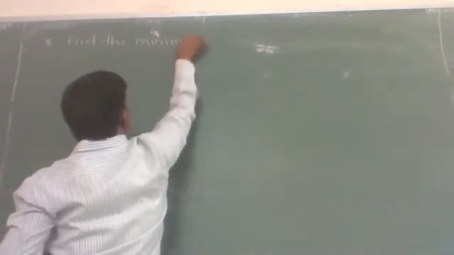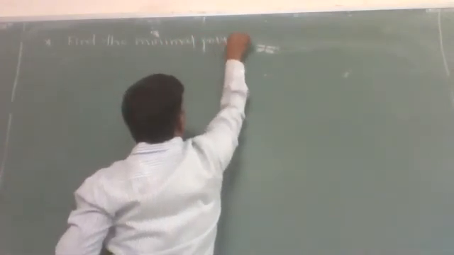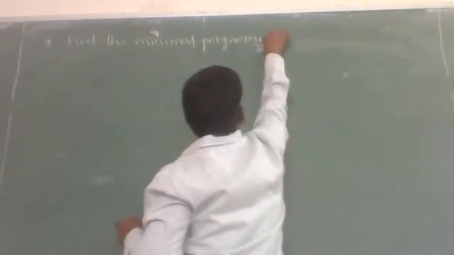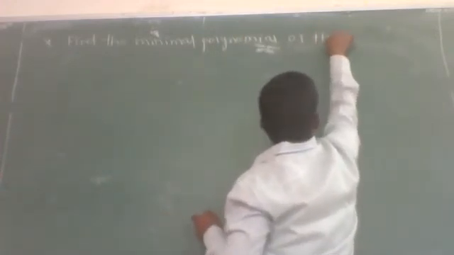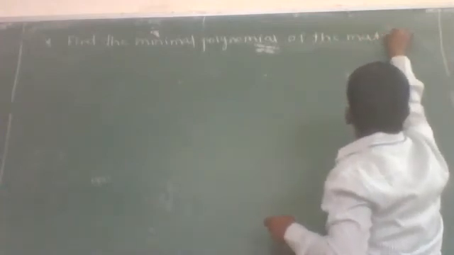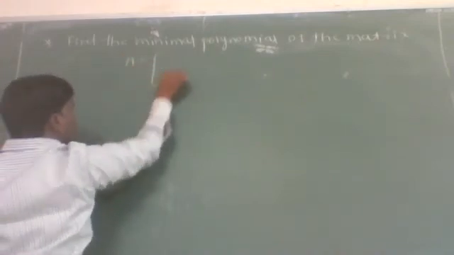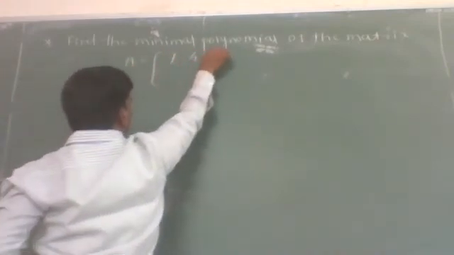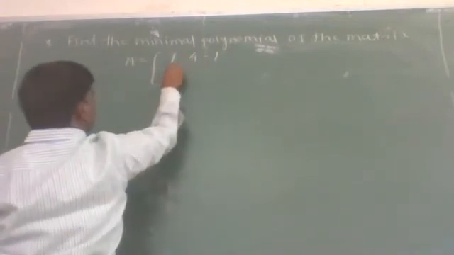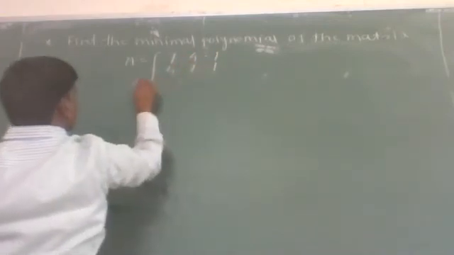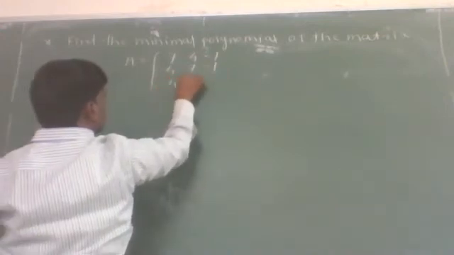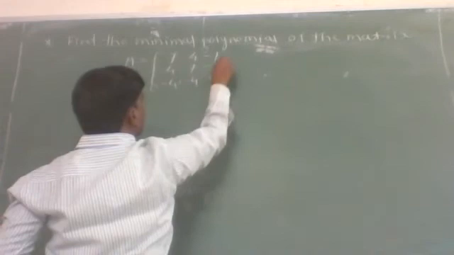Now we have to find the minimal polynomial of the matrix A equal to [7, 4, -1; 4, 7, -1; -4, -4, 4].